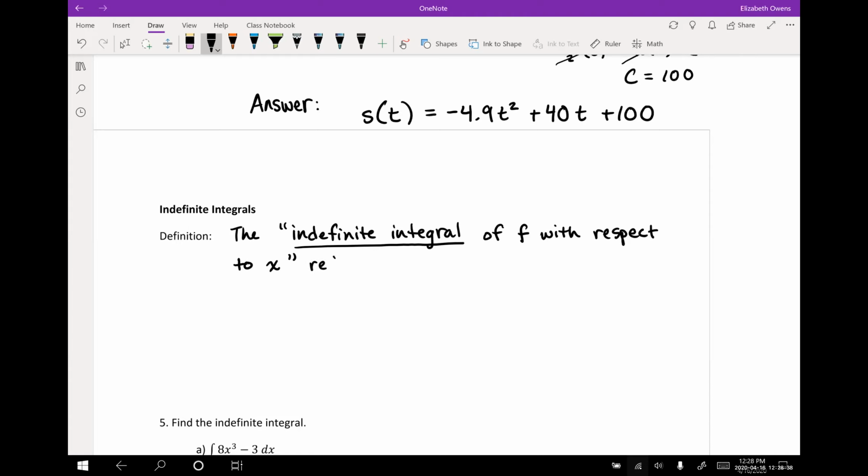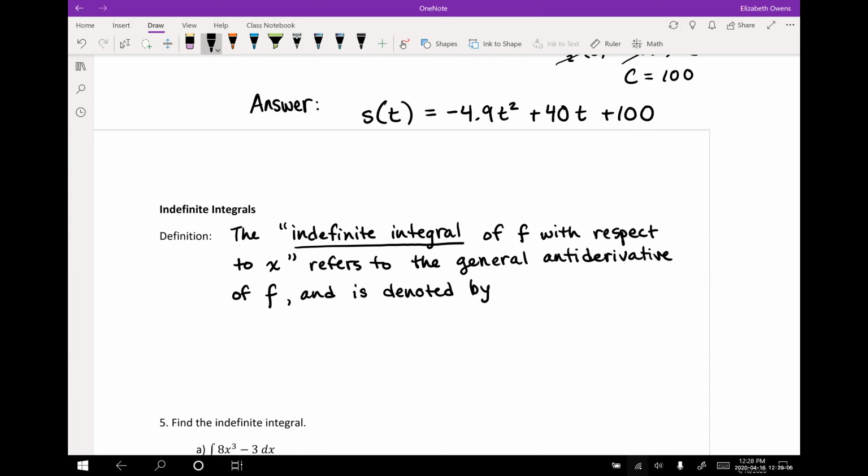This refers to the general antiderivative. Okay, so this is the general antiderivative of that function f, and it is denoted by the following notation.